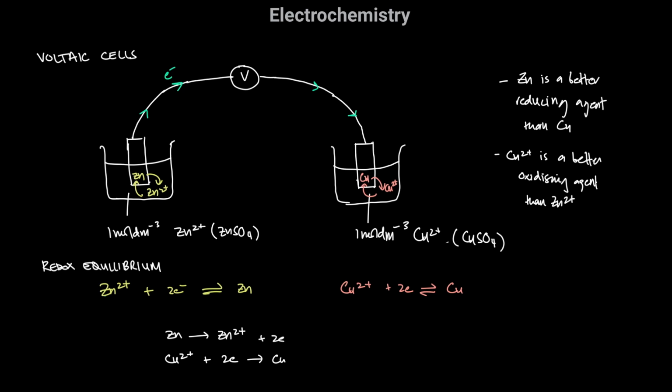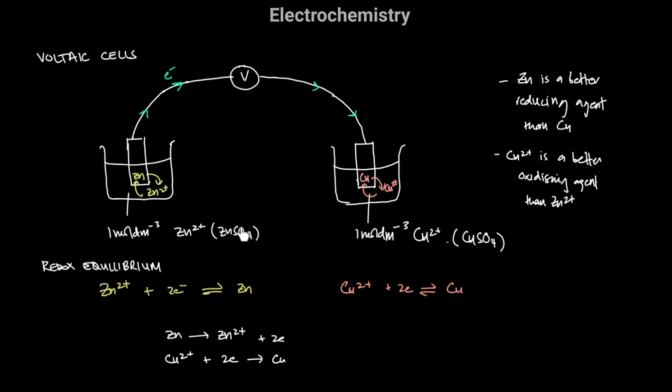What happens over time is that the concentration of Zn2+ in the solution begins to increase. What does that do to the charge of the solution? This solution becomes more positive over time because we're producing more and more Zn2+ ions. The electrons are going from this electrode to this electrode. Over time, the concentration of Zn2+ increases.